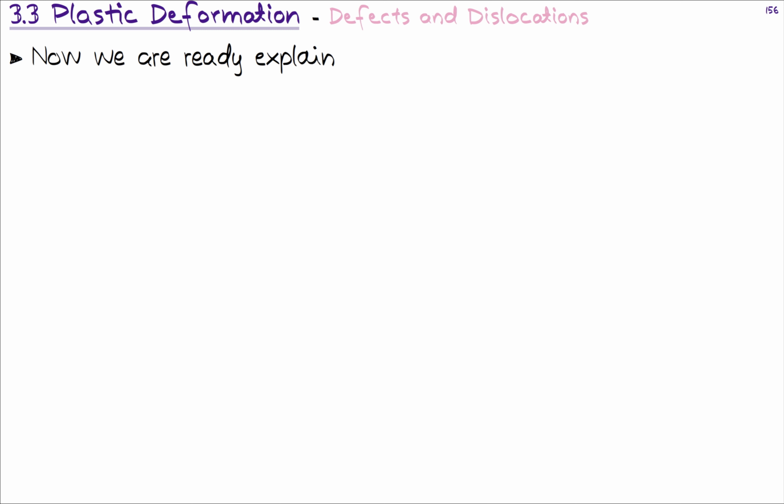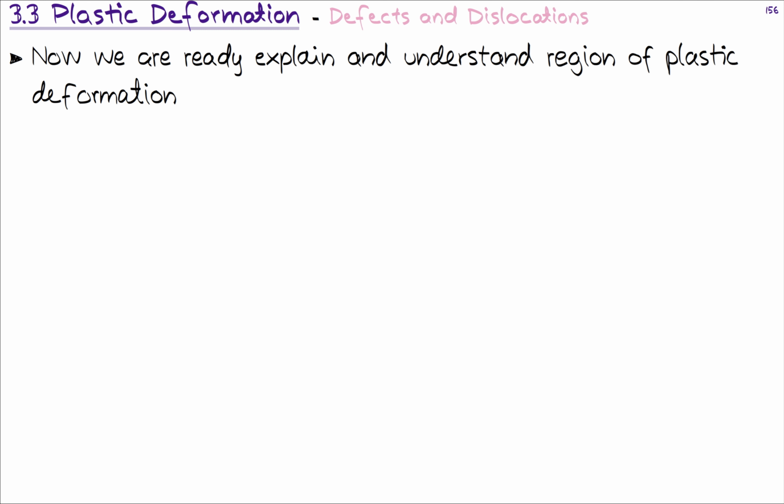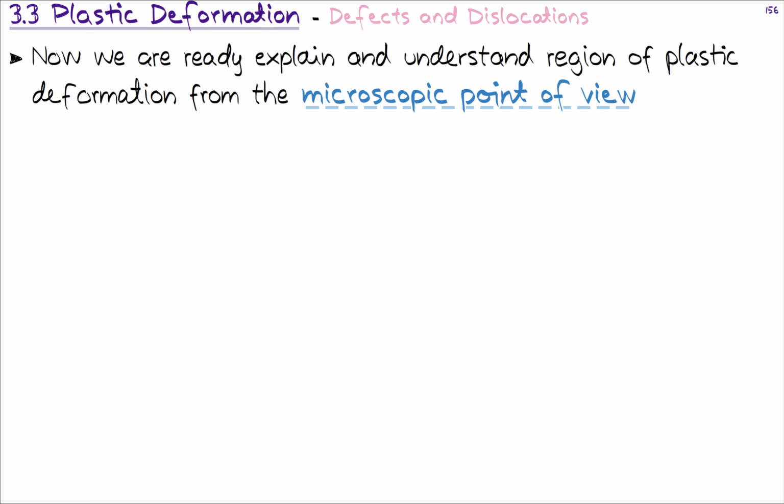What next? So now we are ready to understand, at least on a qualitative level, what happens when the solid turns from an elastic solid to a plastic solid. And we can understand the transition from the microscopic point of view, and how come it happens so much easier in realistic materials than what the theory predicts.